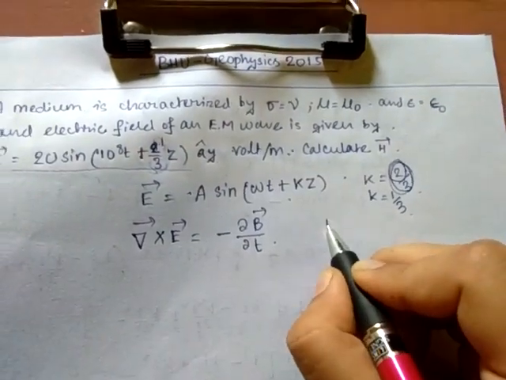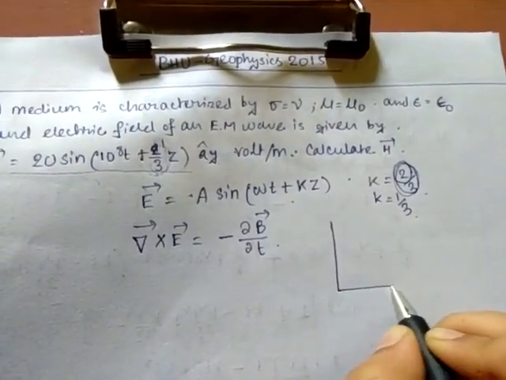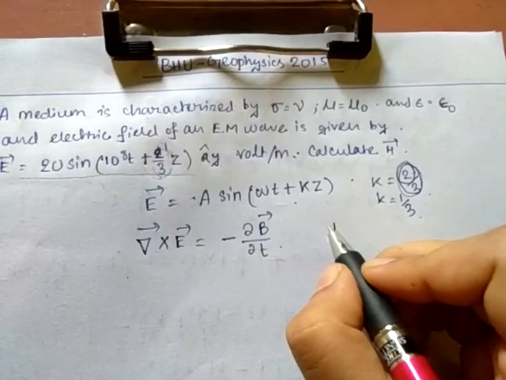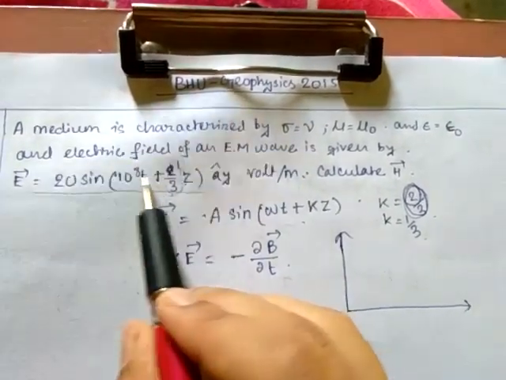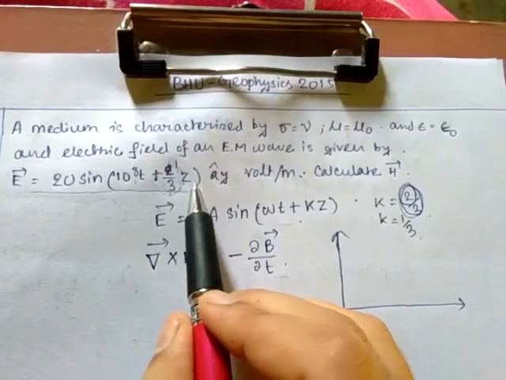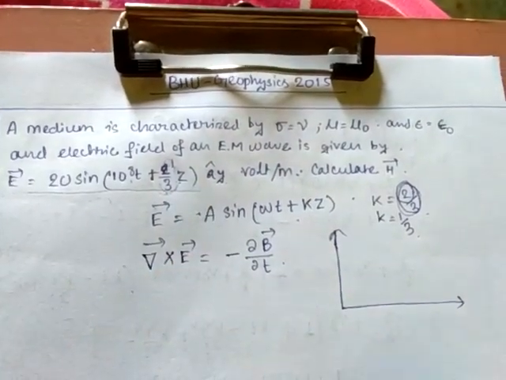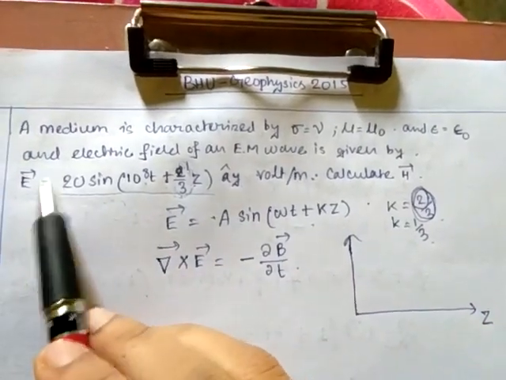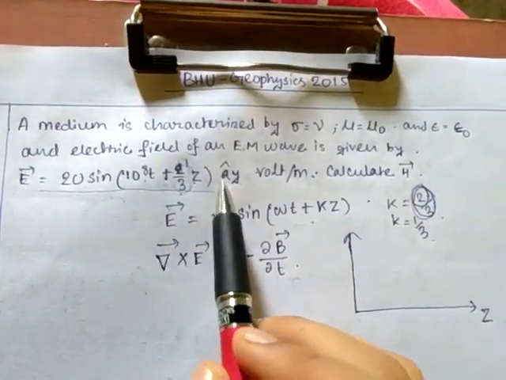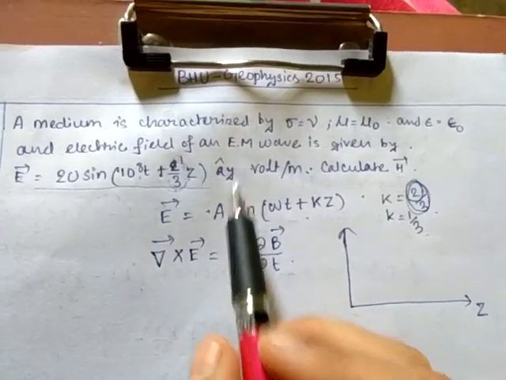So the picture will be like this. Since E vector is a function of z and t, we can conclude that the wave is proceeding along z direction. So it will be our z direction, and electric field vibration is along y axis.